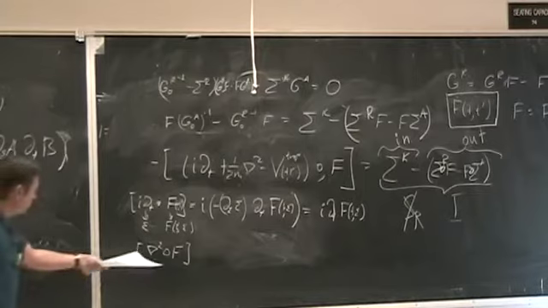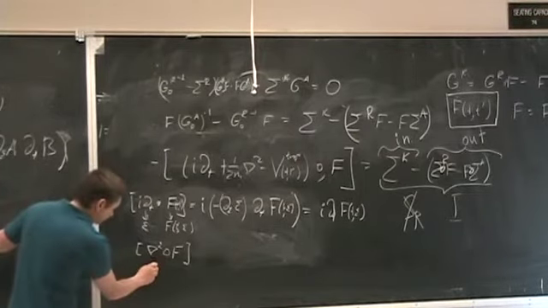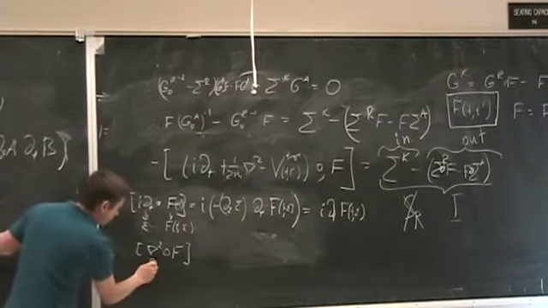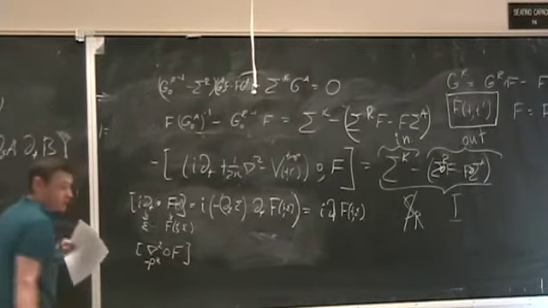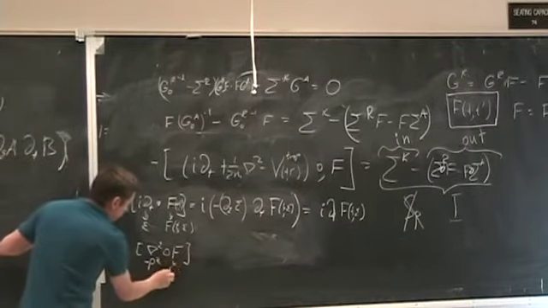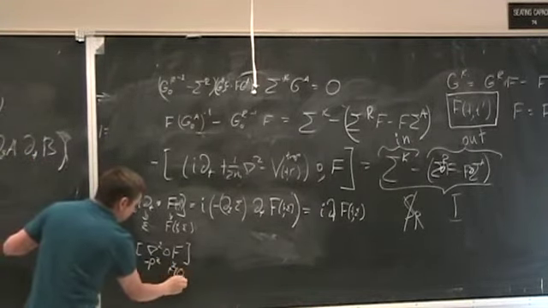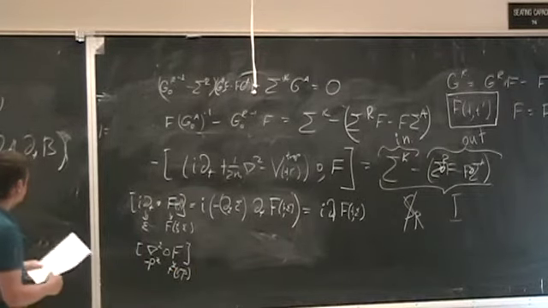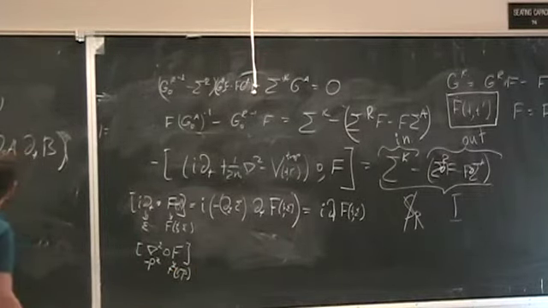So this guy goes into p squared, minus p squared probably, and this guy of course goes to f of R and P. And then again I apply this.